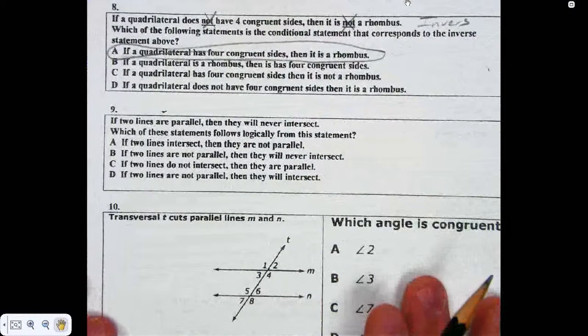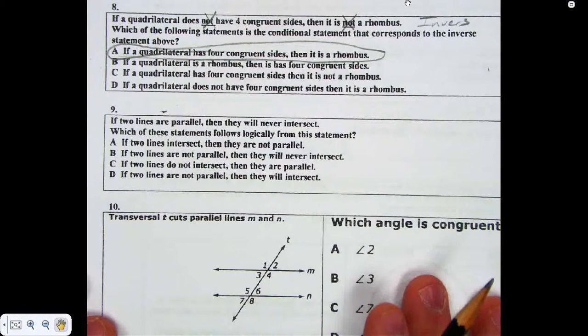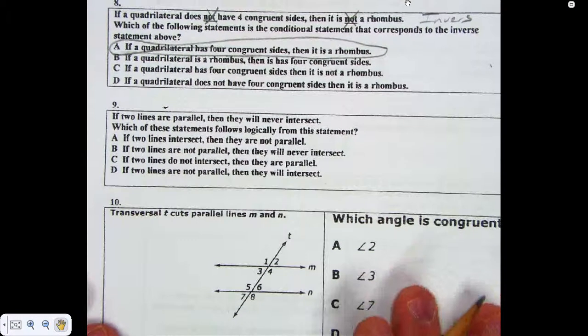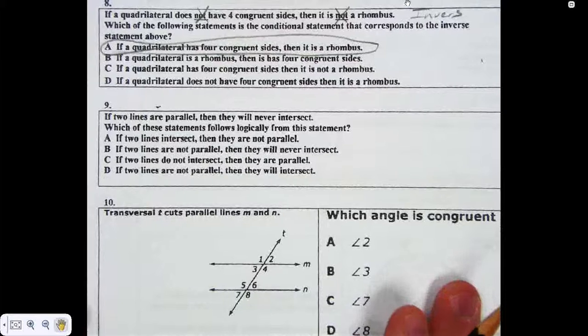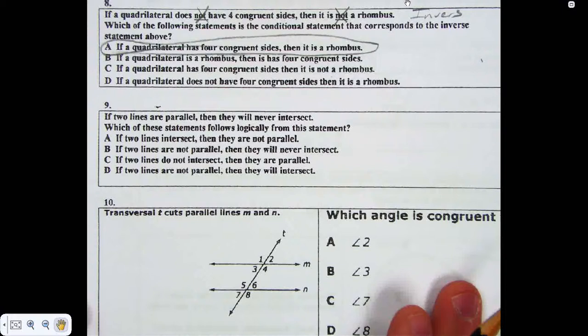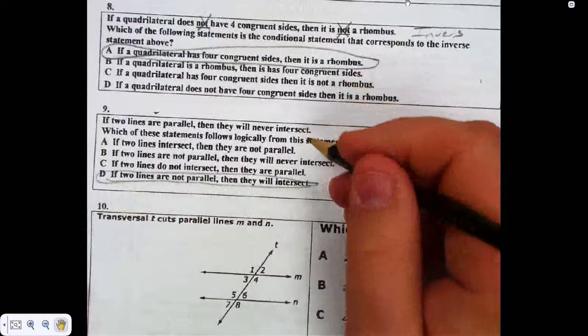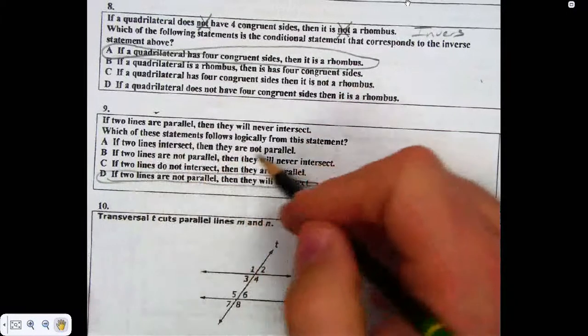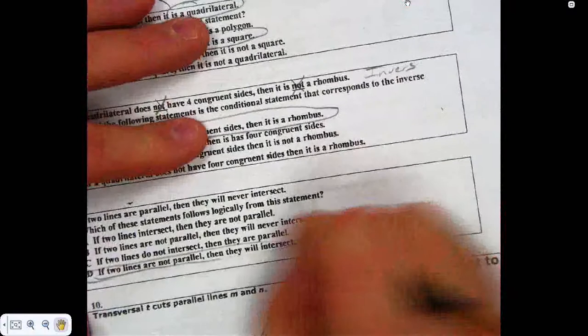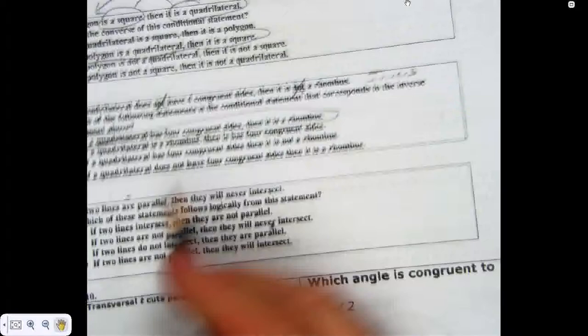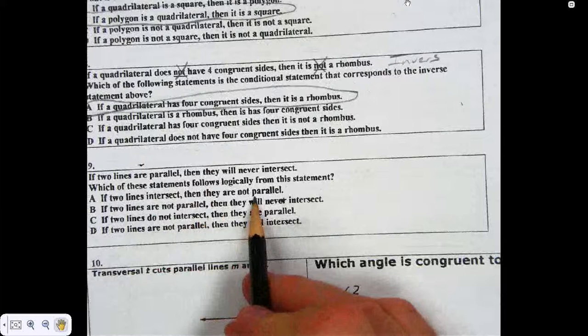If two lines are parallel, then they will never intersect. Which of these statements follows logically from this statement? C. I put A. I put C. If two lines intersect, then they are not parallel.